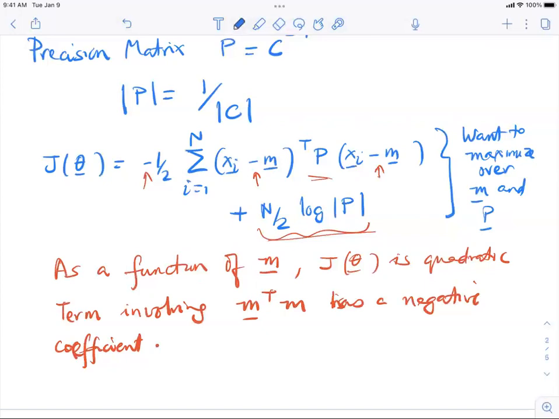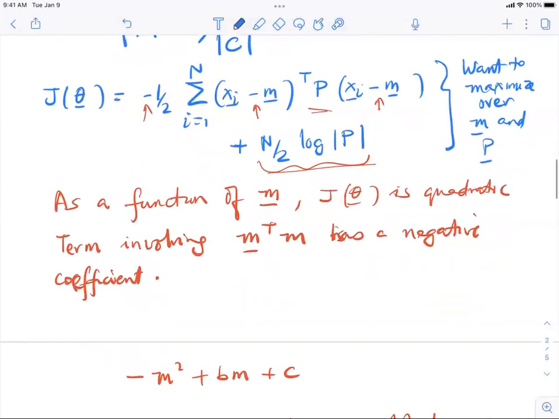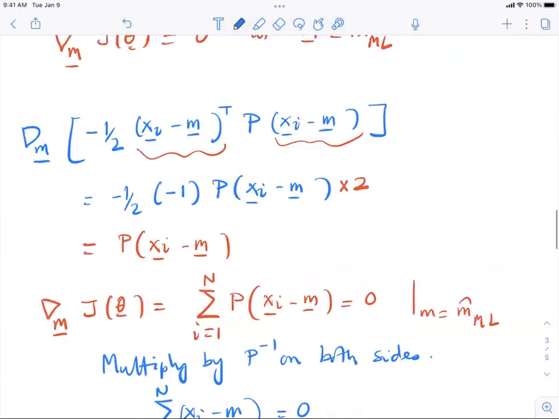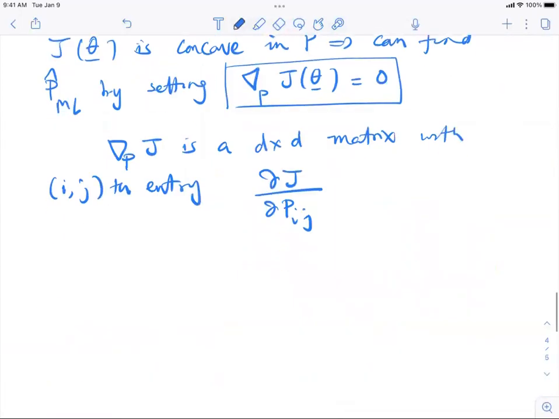So I have a typical term like a vector transpose times P times a vector, right? So I need to take the gradient of that kind of term, and then I have to take the gradient of this log of the determinant of P. Those are the two components I need to compute the gradient of the utility function with respect to P.